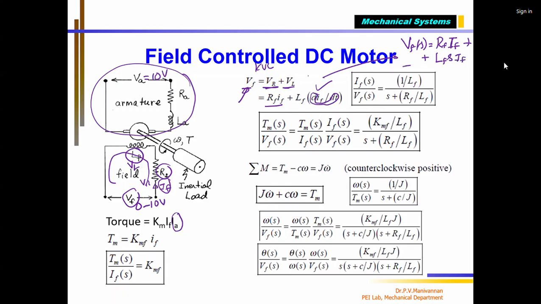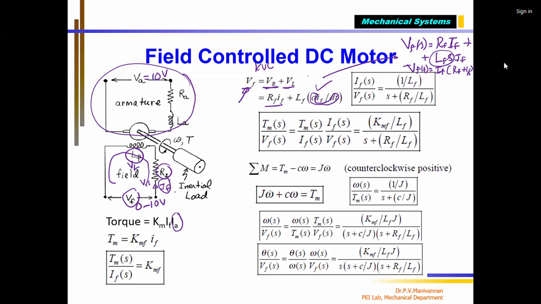So then I can say VF of S equals IF, which I can take outside, because RF plus LF S is what it will become, right? LF into S, because S is there. This will remain. So now I can write the transfer function.